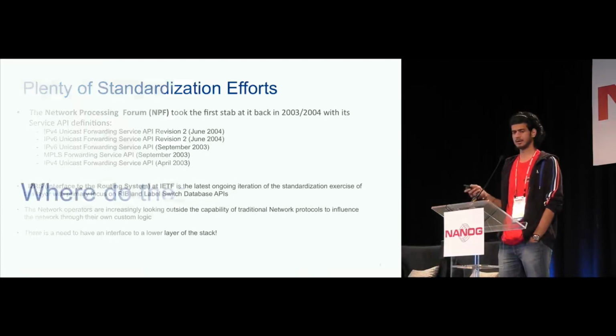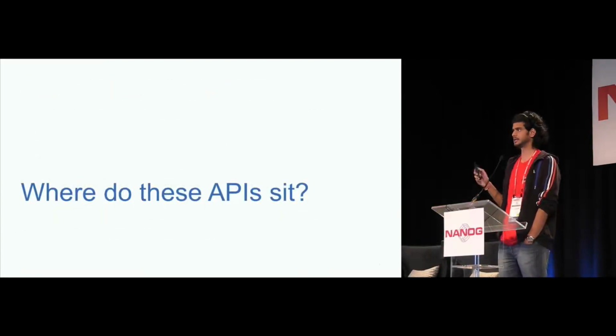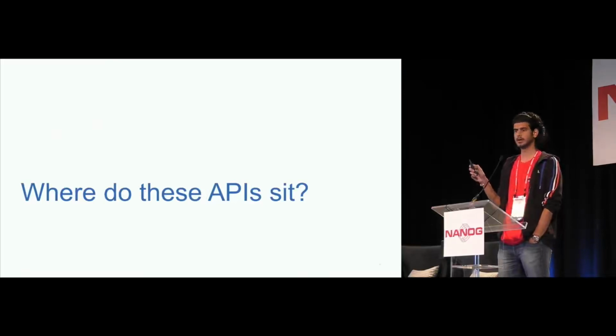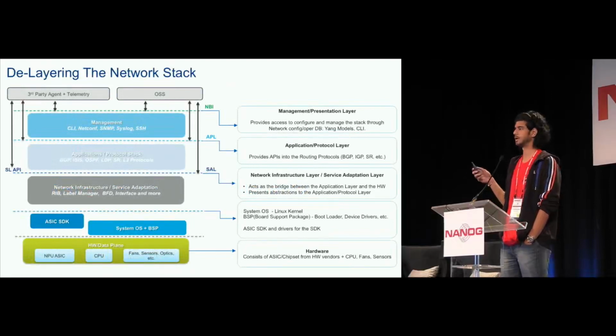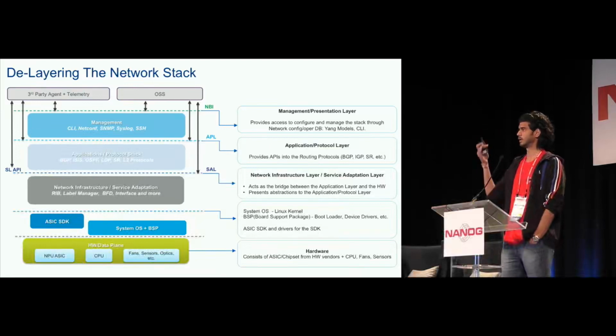And to set the context right, let's consider where these APIs actually sit. I'm going to break down the overall network stack into some relevant pieces for most people in the audience, but I'll also talk about what they naturally represent. So this is a typical representation of how you would break down a network stack.